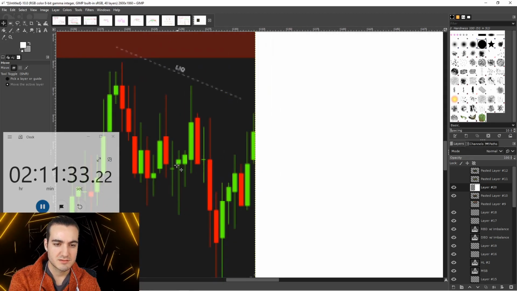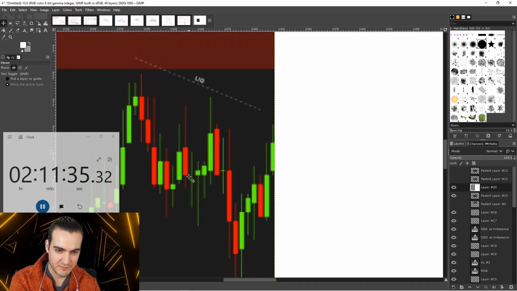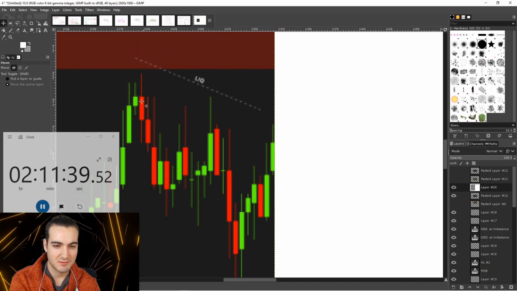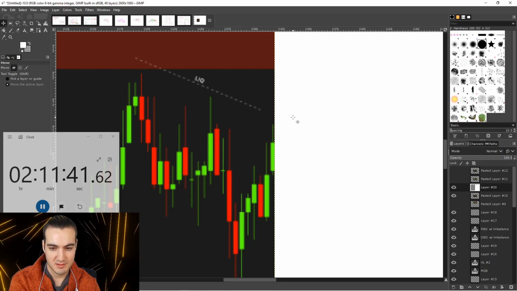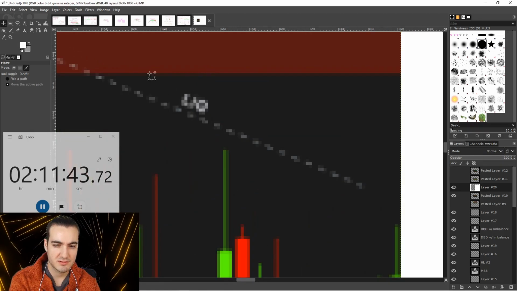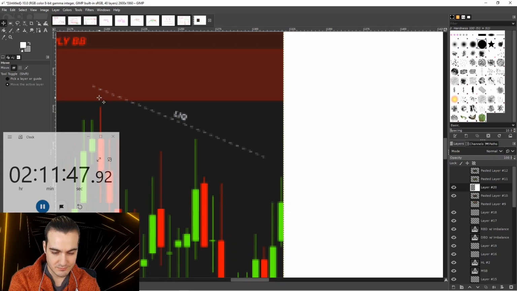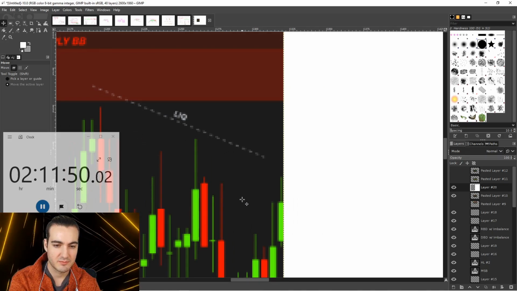Now this also plays into the power of 3 mindset. This would be the accumulation phase here. He draws a little liquidity line. You see a trend line going down.